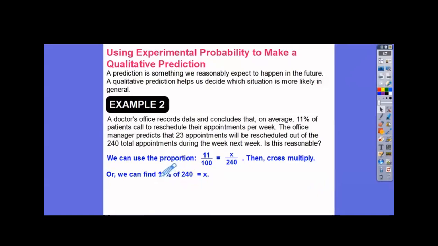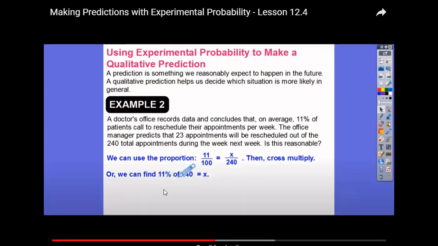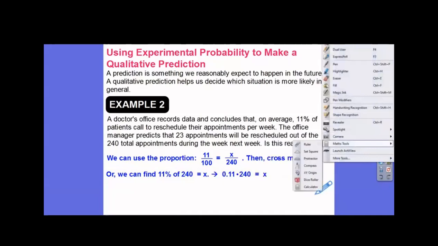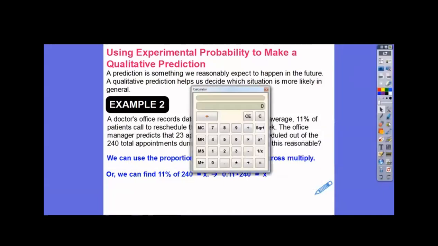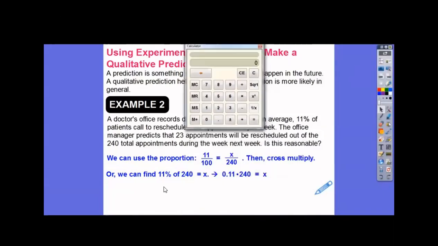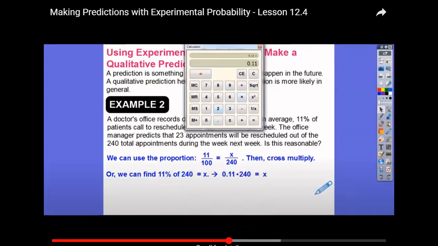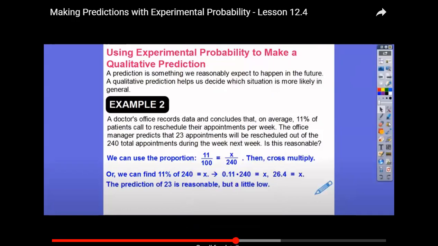Did you calculate it? 0.11 times 240 will be how many? 26.4. Yes, 26.4.